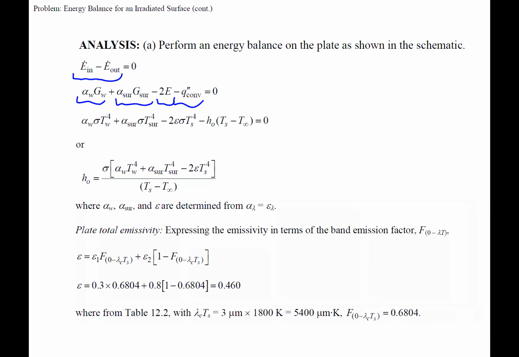All right, so we now put our equations in there for irradiation with the Stefan-Boltzmann constant, temperature to the 4th. So this comes from the wall, the surroundings, the surface plate, right? And then we have Newton's law of cooling. Okay, the area of the plate is removed from all these, so it's just divided out.